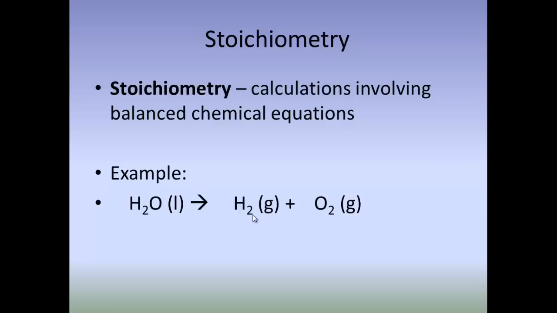But if you look at this equation the way it's written, it's very much like a recipe with no amounts. We don't know how much water to use. We don't know how much hydrogen or oxygen we'll get. How useful is that recipe? Imagine going to bake brownies or cookies, and you read the recipe and it says flour, sugar, eggs, vanilla, and baking soda.